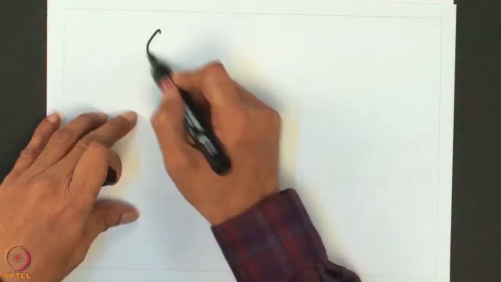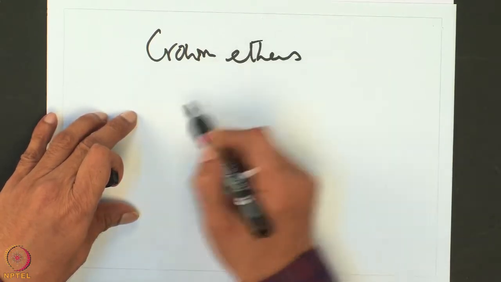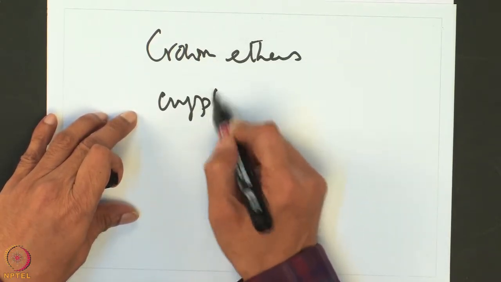In the next part, we have tried to understand ion binding and ion selectivities. We have looked at crown ethers and cryptands, explained through crown ethers and cryptands.